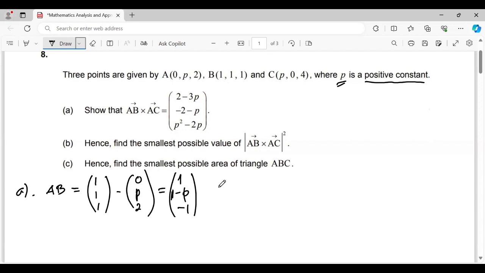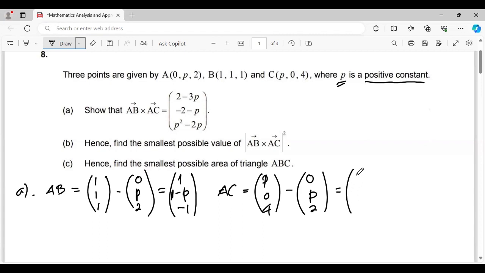Furthermore, AC is C minus A, (p, 0, 4) minus (0, p, 2). It is p, minus p, 2.